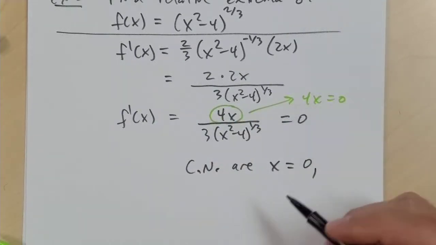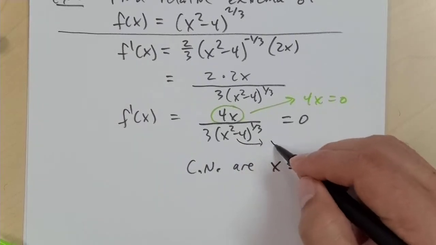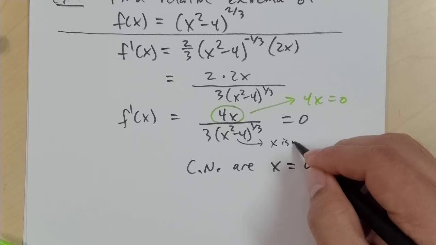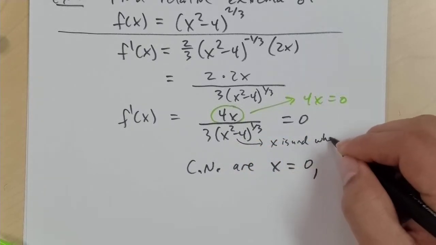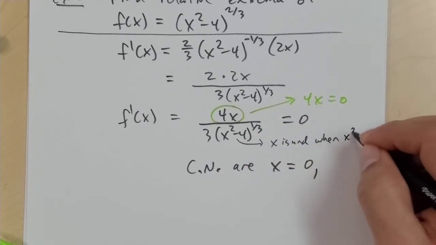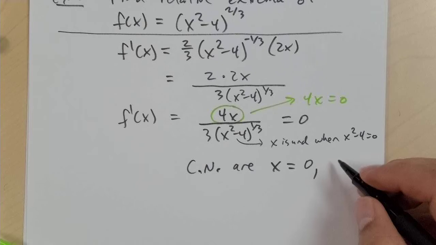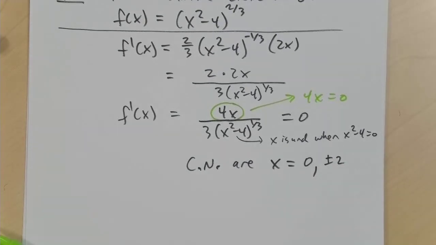And the other scenario, if there are any values where the derivative is undefined, okay, we know that it is undefined here when the denominator equals 0. If I take x squared minus 4 and set it equal to 0, you're going to get plus or minus 2 for the other two critical numbers.